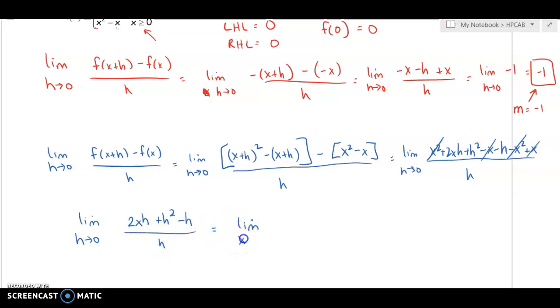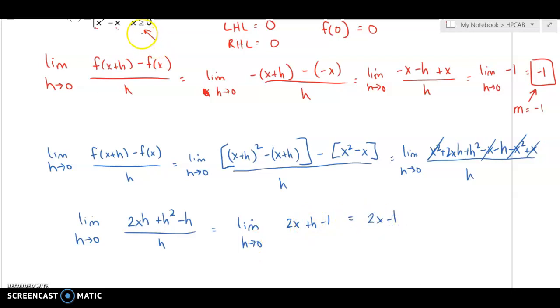The limit as, sorry, I'm so used to writing x, the limit as h approaches 0 of, reduce that, you're going to get 2x plus h minus 1. And so it's approaching 0, so we can replace the h with the 0. You're going to get 2x minus 1.